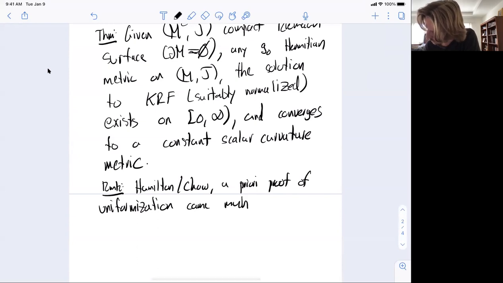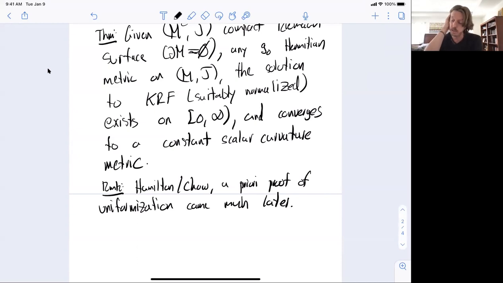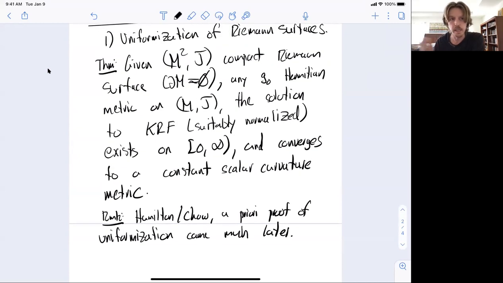All I mean is that their original proof was a theorem about the flow, assuming one already knew the existence of a constant scalar curvature metric on the given Riemann surface. But in any case, in the end, it is possible to prove what is claimed about the flow without using that, and thus you indeed get an a priori proof of uniformization out of Kähler-Ricci flow.